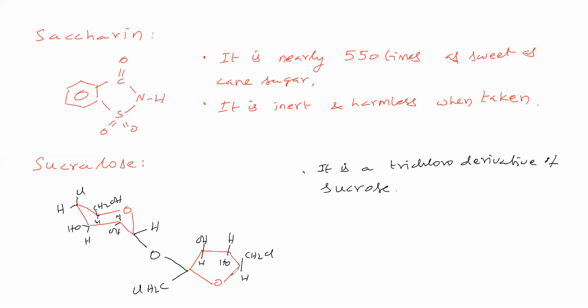So this is beta D fructose, and with the OH group, this is alpha D glucose. Instead of this OH group, Cl, instead of this OH group, Cl, instead of this OH group, Cl, it is a trichloro derivative of sucrose.